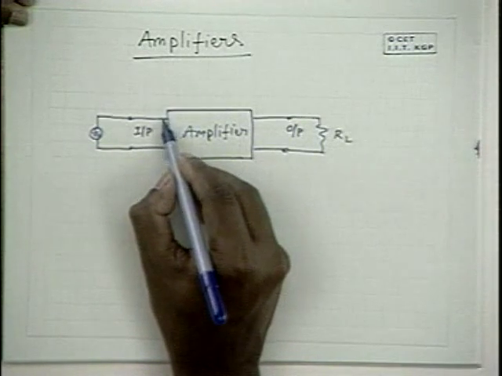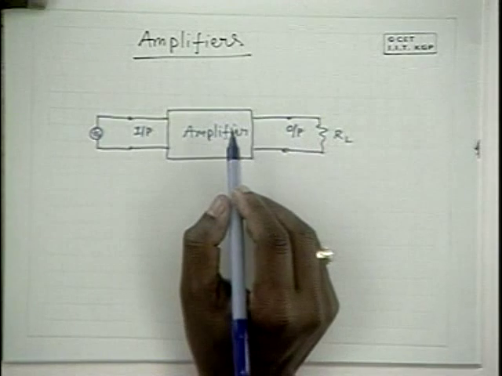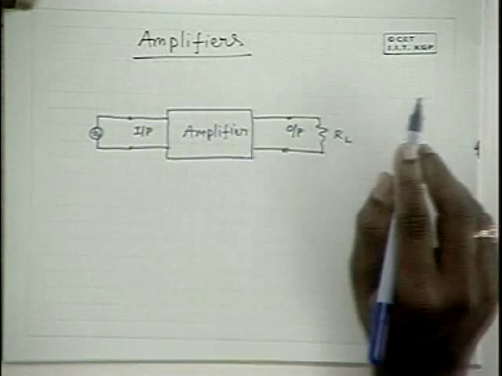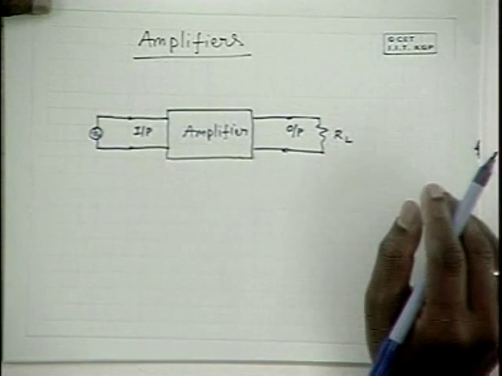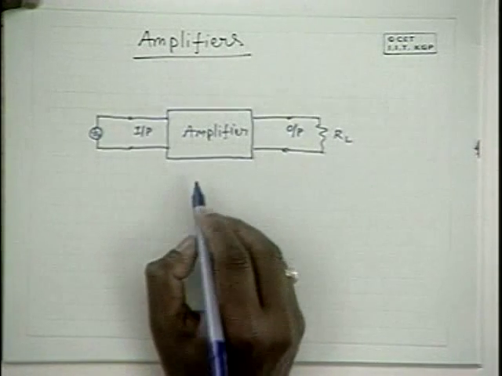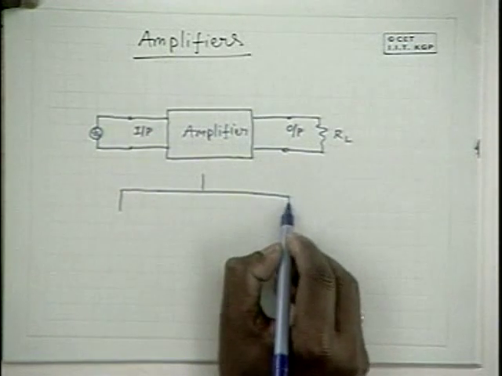Before going into the details of these amplifiers, let me discuss the classification of the amplifiers. There are different means by which amplifiers can be classified. One appropriate way of doing it is by means of the signal strength. By signal strength, we have small signal amplifiers and large signal amplifiers.